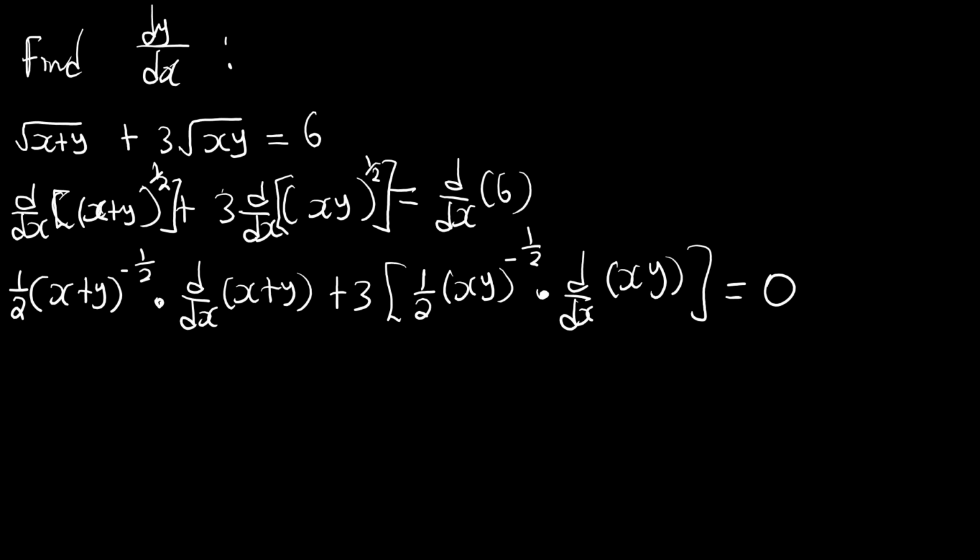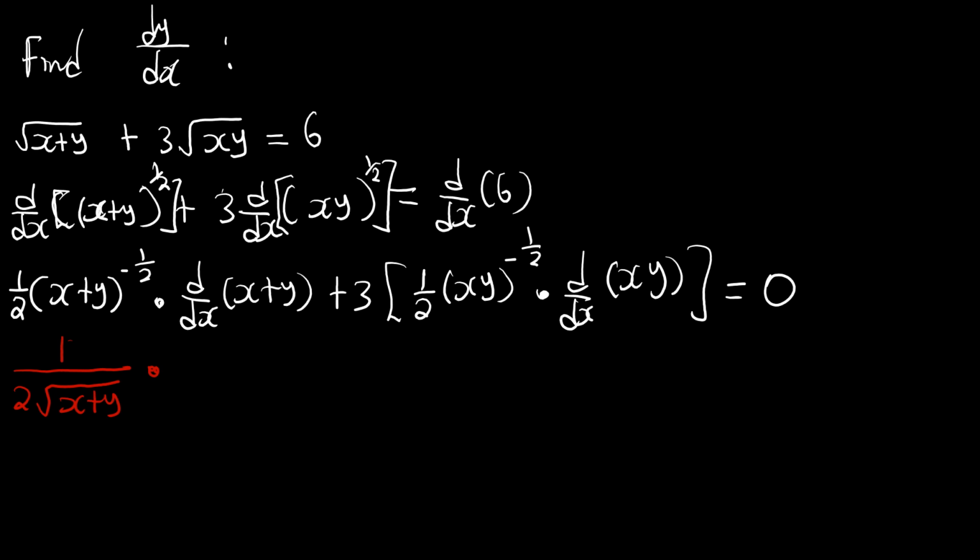Now let's make things easier. Here let me write this with a positive exponent. It can be 1 over 2 square root of (x + y). You need to know the laws of exponents very well. Multiplied by the derivative of x + y.